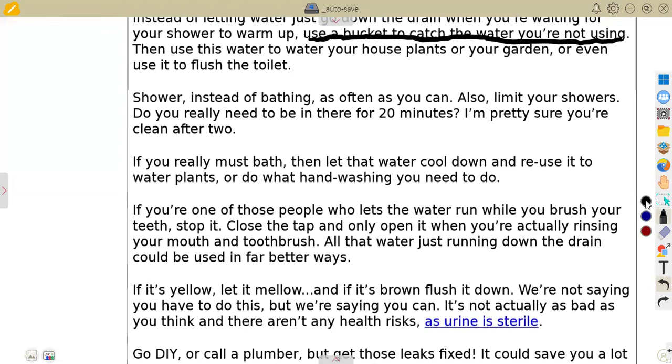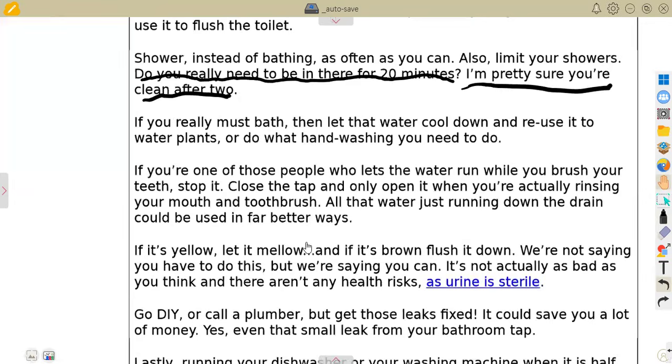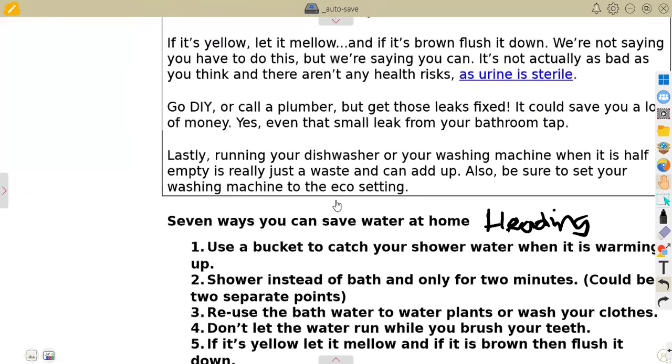Is it appearing? I don't know if it is visible for you in that stanza, but let me highlight it. From this point, do you really need to be in there for 20 minutes? I am pretty sure you are clean after 2. So they are saying after 2 minutes, you must be able to clean up. So I want us to go and correspond our second point there.